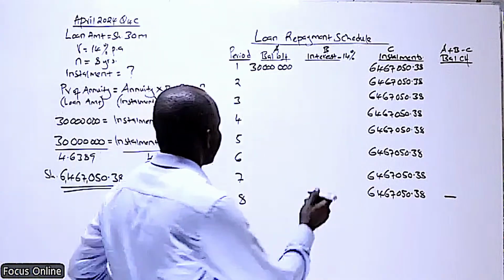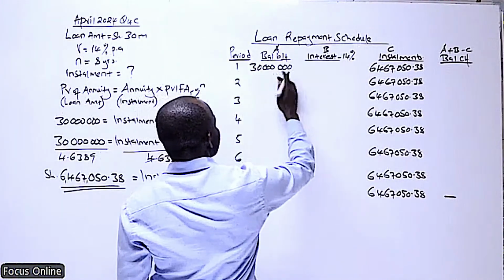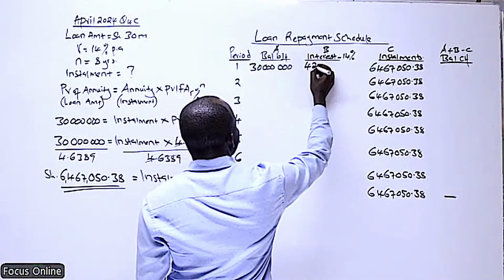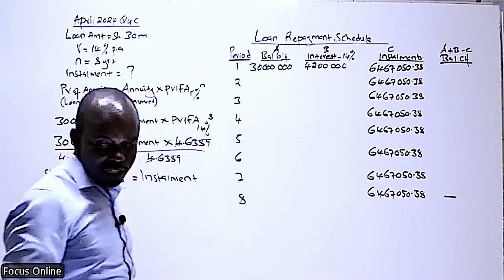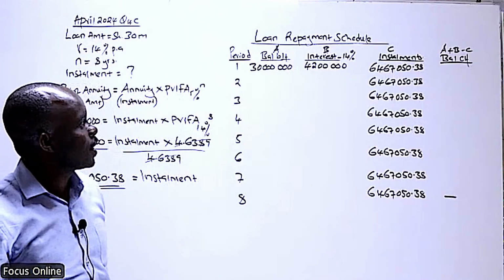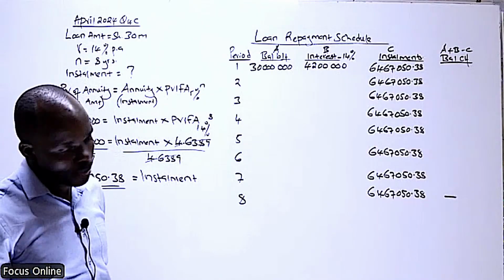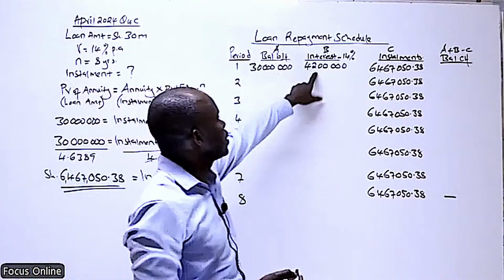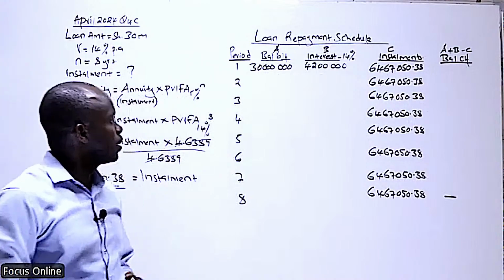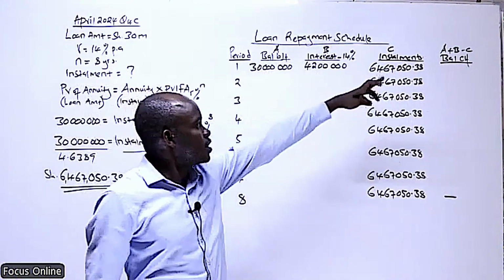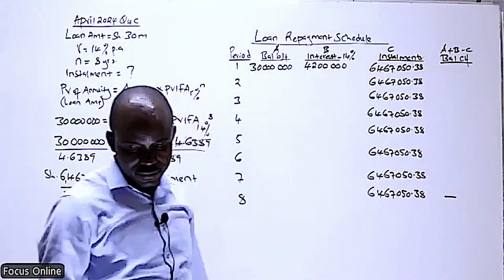Here, we're saying 14% of that million, 4.2 million. 4.2 million is the amount of interest charged in period 1. So this plus this minus this, we get the balance carried forward.